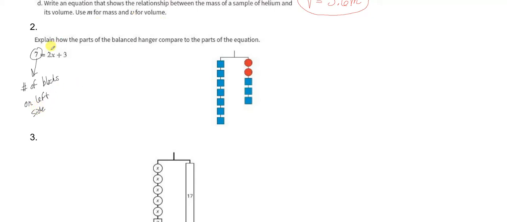And 2x represents the 2 circles on the right. And then lastly we have this 3, which represents the 3 blocks on the right. And so essentially 7 blocks equal 2 circles and 3 blocks. Didn't say to solve it, so I am moving on.